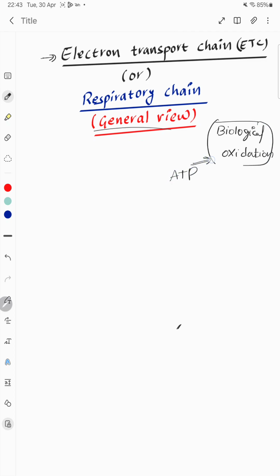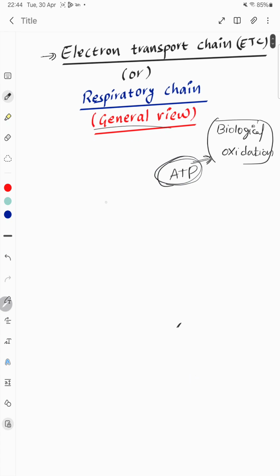The aim of this chapter is how energy, ATP, gets produced in our body. ATP is produced by these pathways, the electron transport chain and the chemiosmotic hypothesis. Using these two mechanisms, we generate ATP. These two mechanisms come under the biological oxidation chapter.